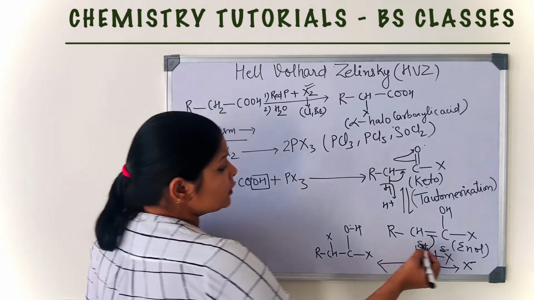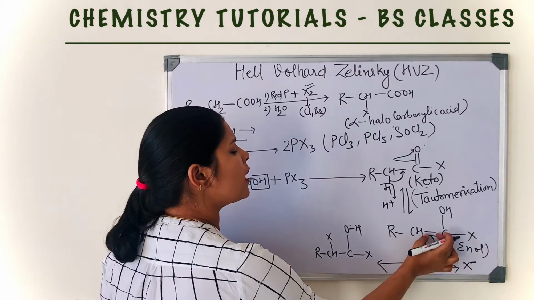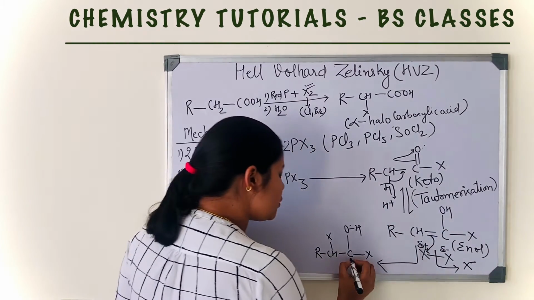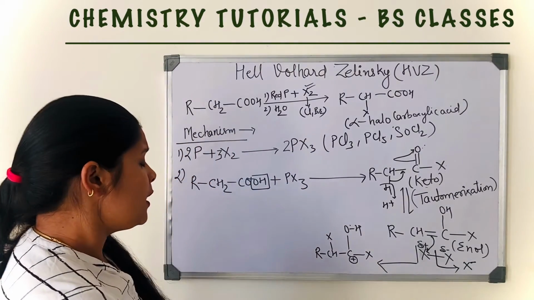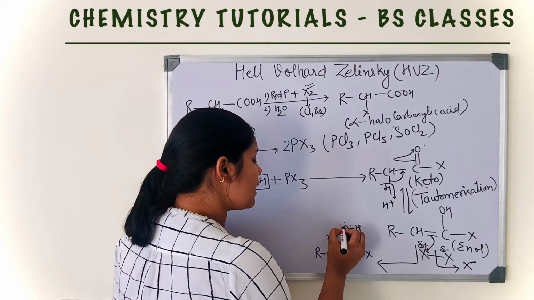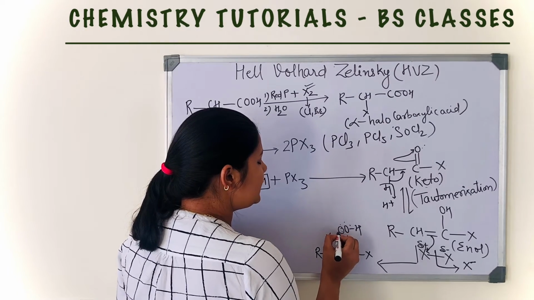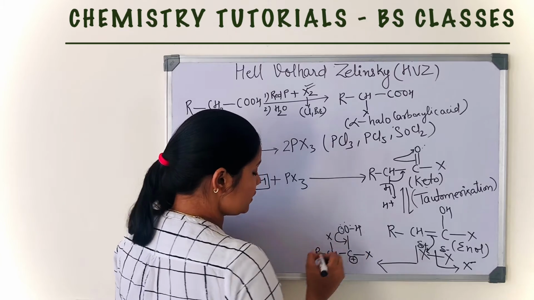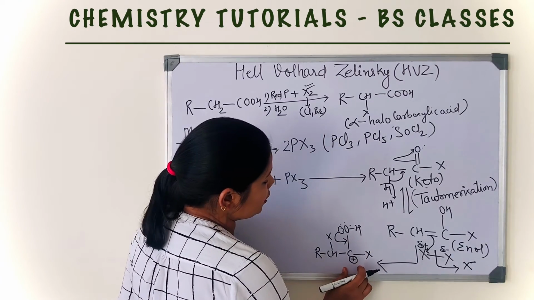Now the loss of electrons at this carbon happened because the bond between these two carbon completely shifted. So that's why there is a positive charge. Now this oxygen has a lone pair, so the lone pair completely shifted between the carbon and oxygen and reduced the positive charge.